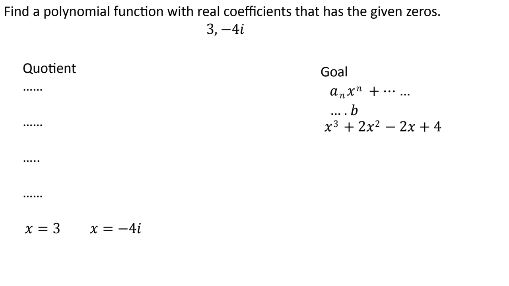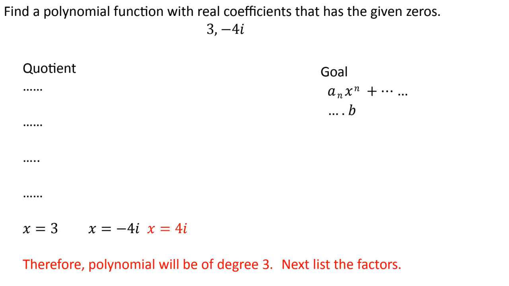So this is what I just said. When they give you this, the complex conjugate of it is also going to be a zero. So my zeros for this one are x equals 3, x equals -4i, and x equals +4i. Therefore, this one is going to be a polynomial of degree 3.